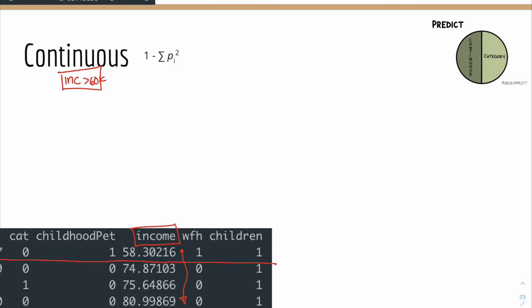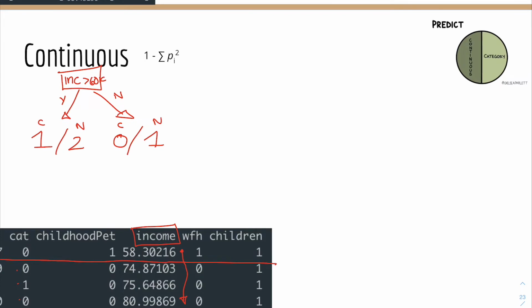So if it is, then we have these 3 points at the bottom. And so for those, we have 1 cat person and 2 non-cat people. For people whose income is not below that, we have 0 cat people and 1 non-cat person.